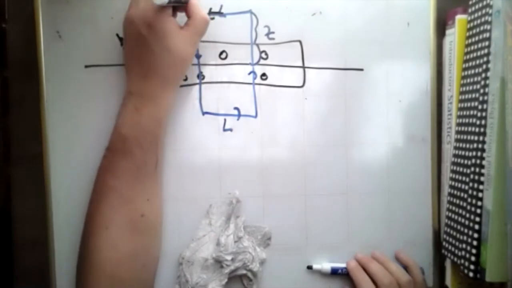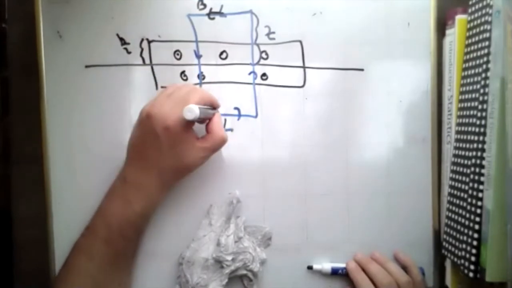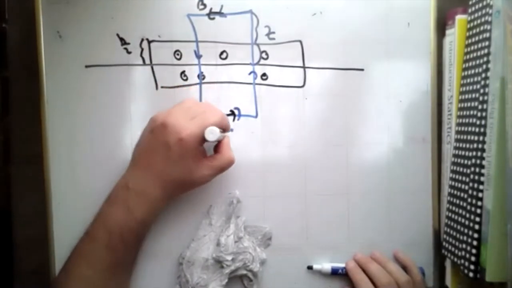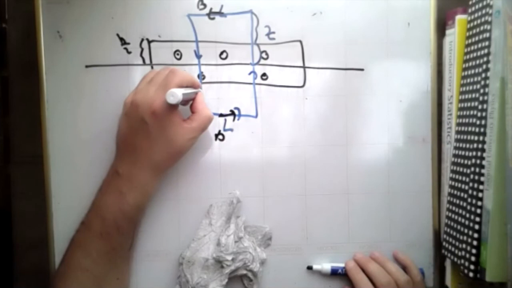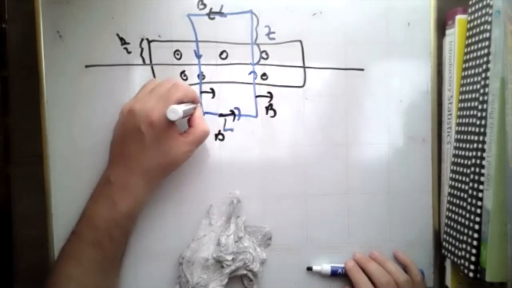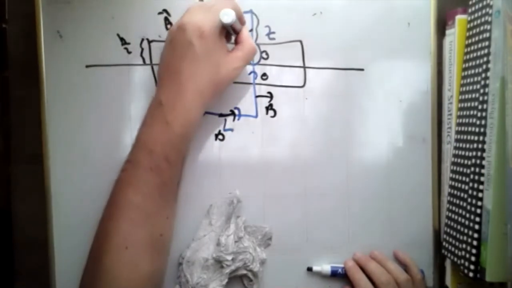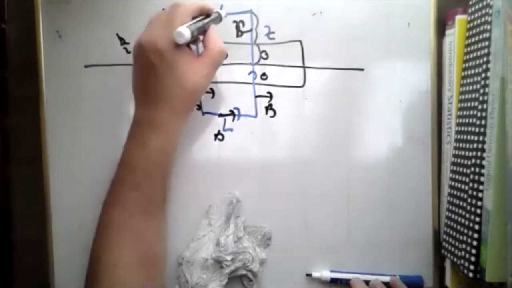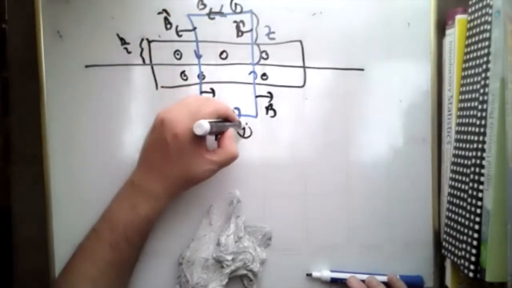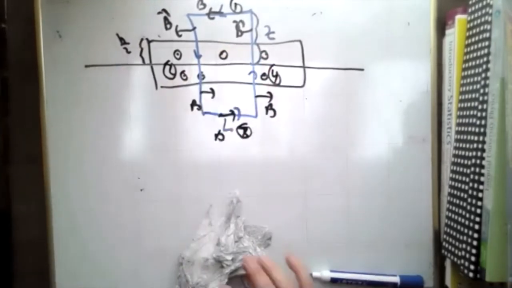B up here flows to the left. Down here in this entire region, B flows to the right. So here, B is to the right. Here, B is to the right. Up here, B is to the left. And again, we have 4 segments: 1, 2, 3, 4.